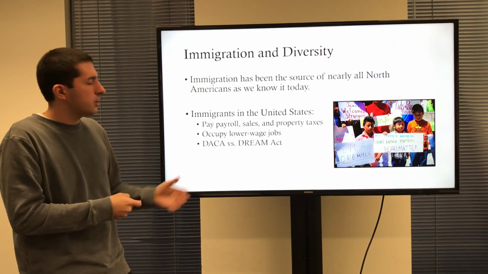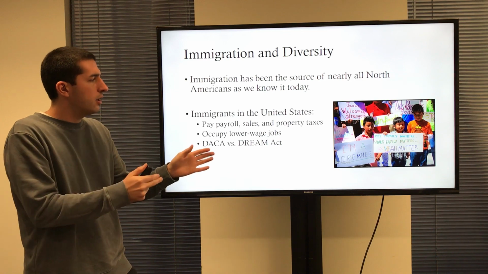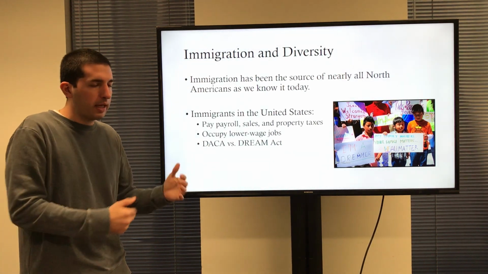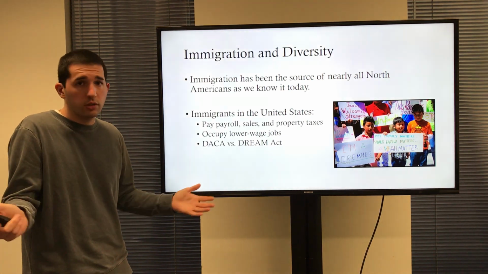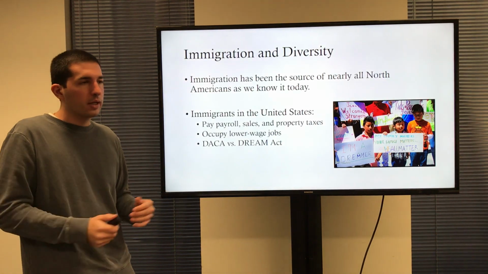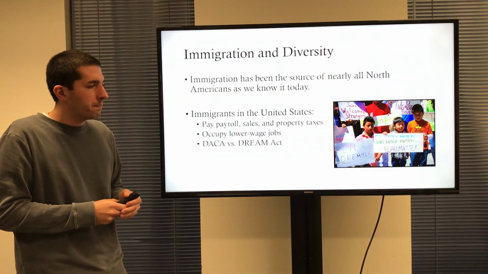It states that immigrants are usually paying their taxes indirectly, such as property taxes through rent. Some do pay property taxes directly, but a large amount pay through rent, and a large amount also pay sales taxes and payroll taxes.